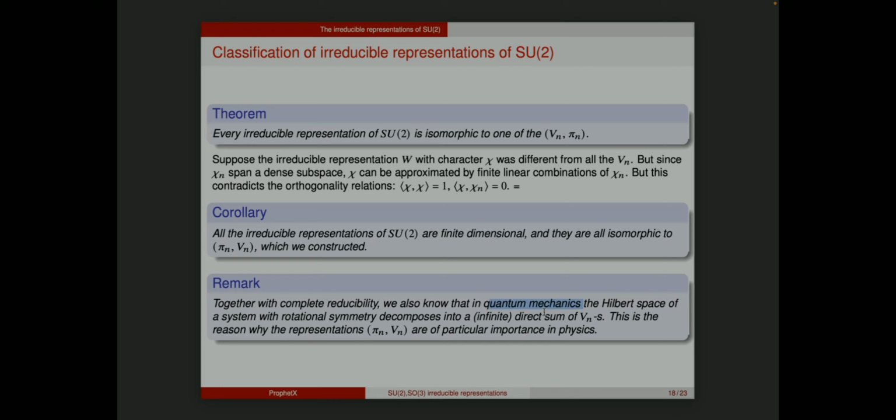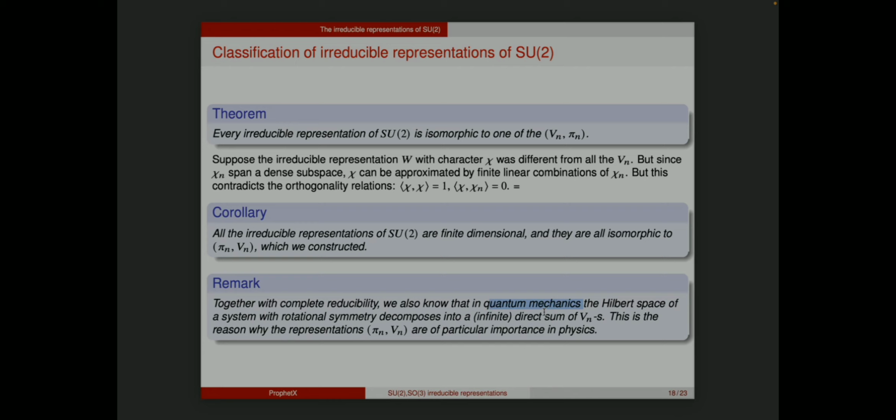So SO3 is isomorphic to SU2 quotiented out by identity and minus identity, but the conjugacy classes are once again the same, and the class functions are in bijective correspondence to the ones we had before.